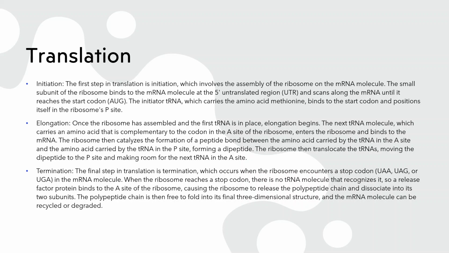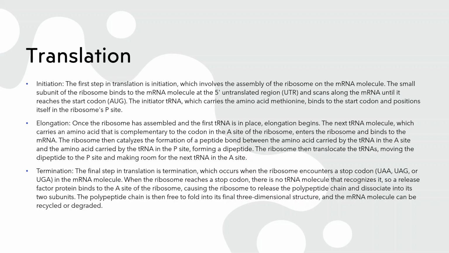And this is a universal thing that you'll find in mRNA sequences. And the initiator tRNA, which carries the amino acid, binds to the start codon and positions itself in the ribosome's P site.